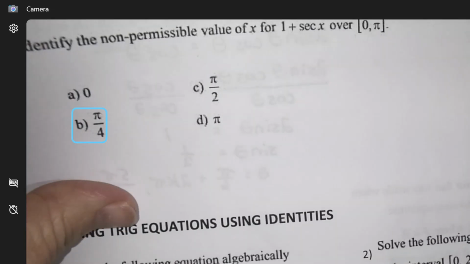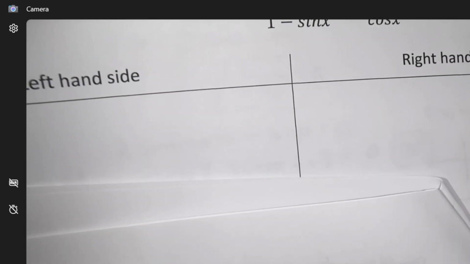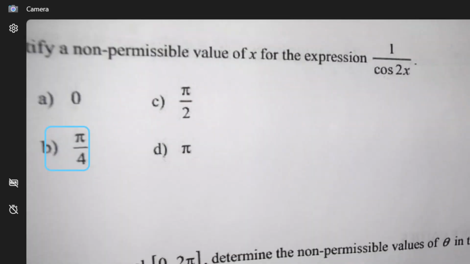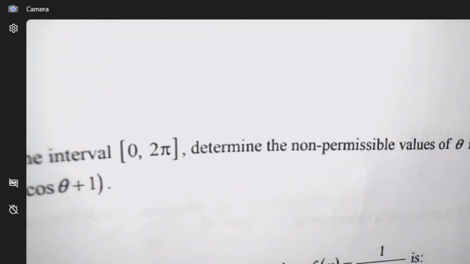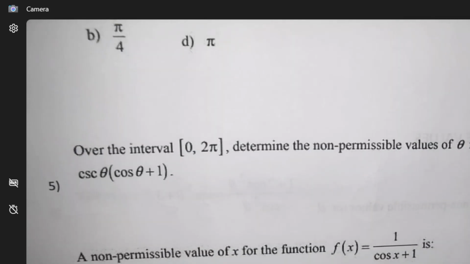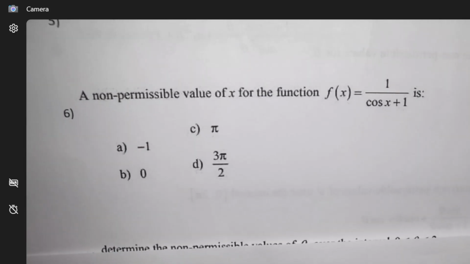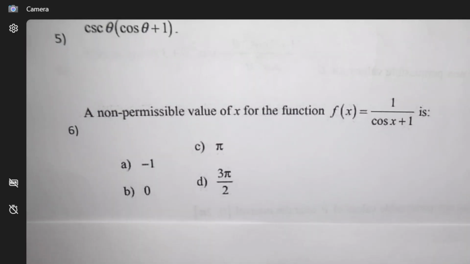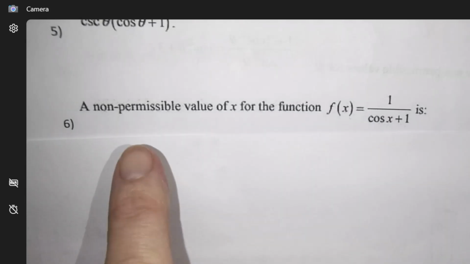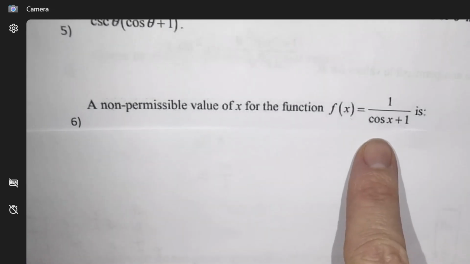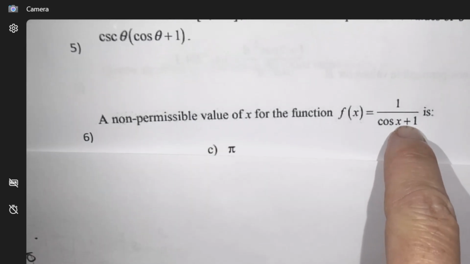Okay, flip the page. Let's go number 6 first. Okay, a non-permissible value for x. So what are we worried about?